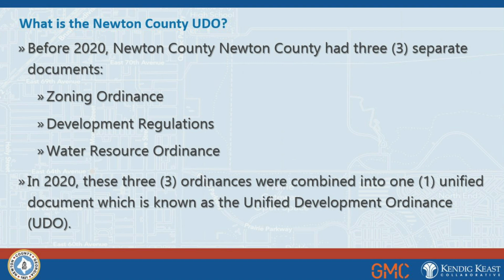Development regulations, think about subdivision regulations or commercial development sites. Those are a series of regulations. And then in Newton County, a very strong piece of their regulations includes water resources, protecting the water, where water is being supplied. All of that fits in as a way of how development is guided throughout Newton County. So those three things were brought together in 2020, and that resulted in what's known as the Unified Development Ordinance.